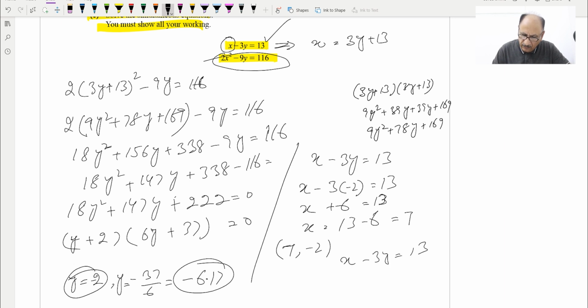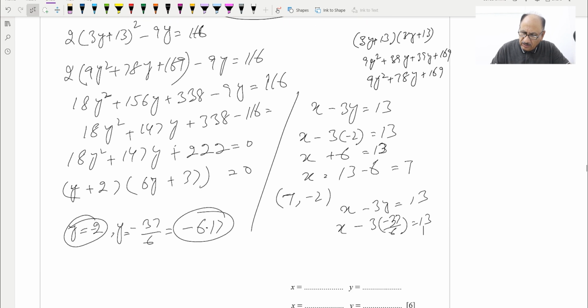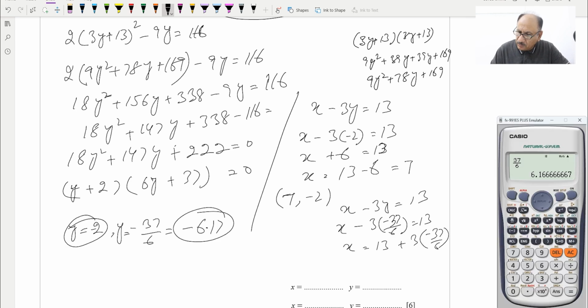to 13 again, and x minus 3 into minus 37 over 6 is equal to 13, or we can write x is equal to 13, and this will be plus on the other side. So it will be plus 3 into minus 37 over 6, which we can use a calculator to find.